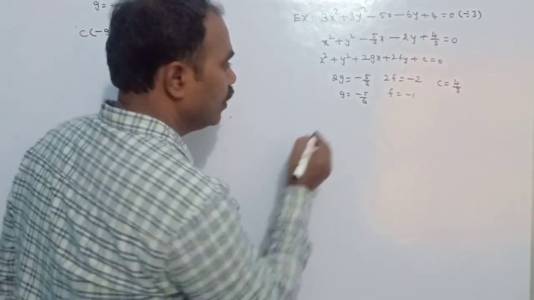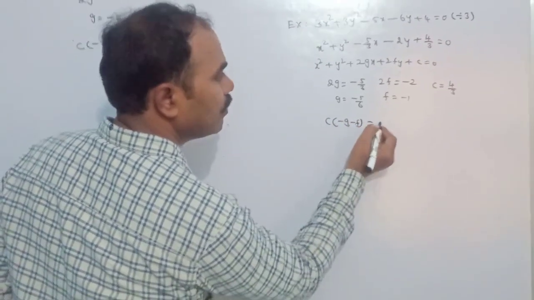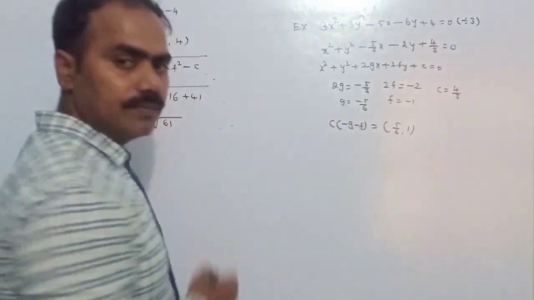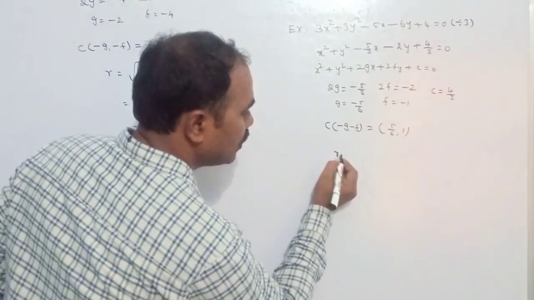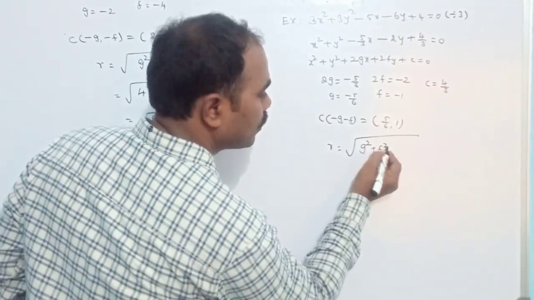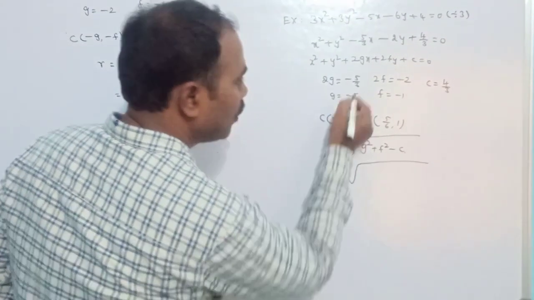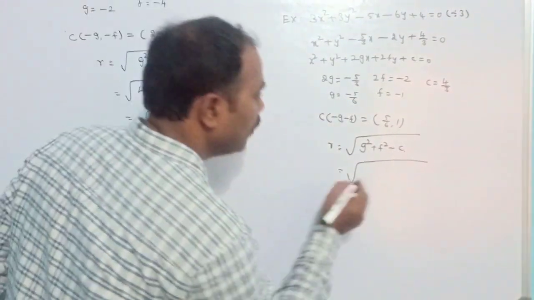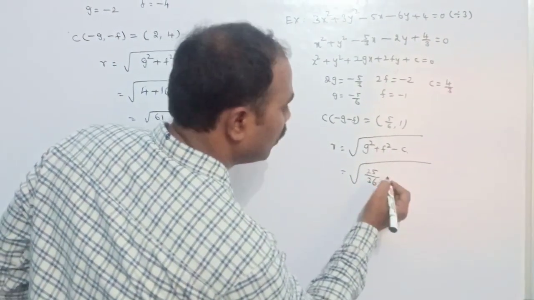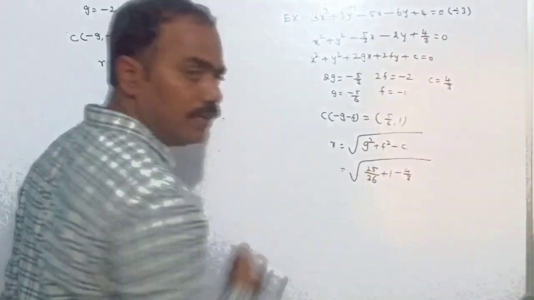Now the center minus g comma minus f is equal to 5 by 6 comma 1, and the radius is root over g square plus f square minus c. Root over g square means g is minus 5 by 6, so 25 by 36. f square is 1. Minus c means minus 4 by 3.